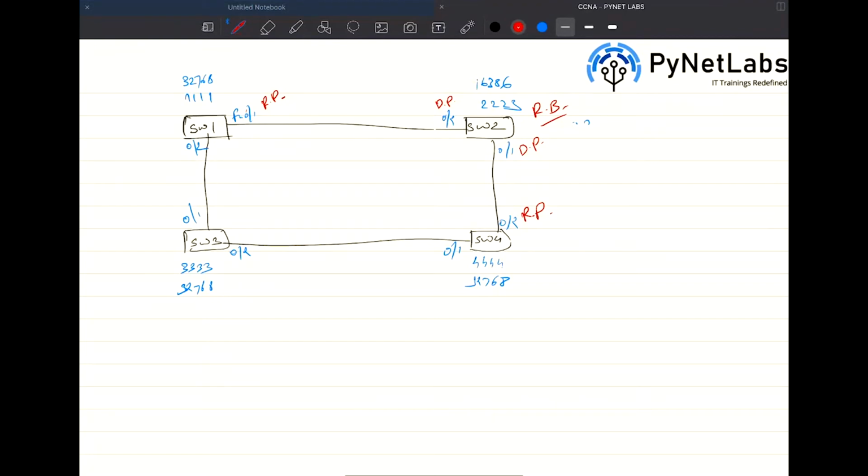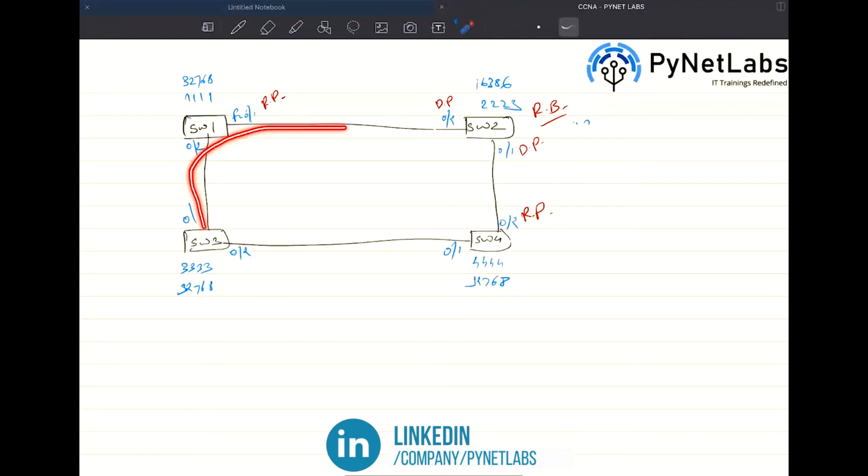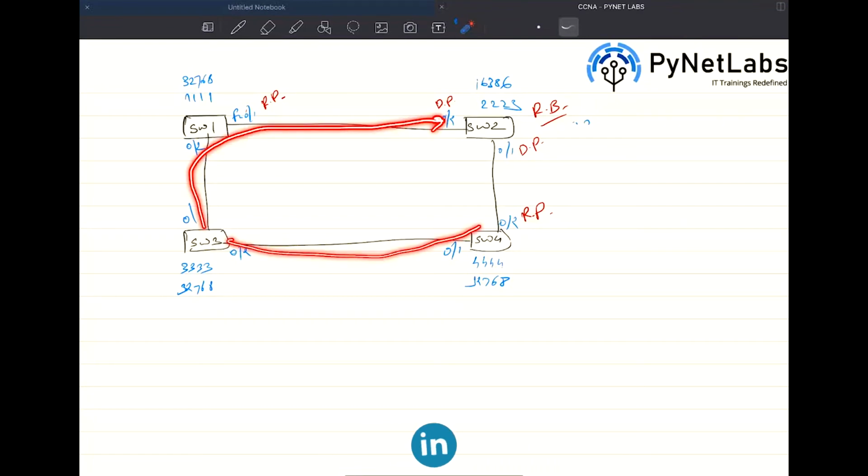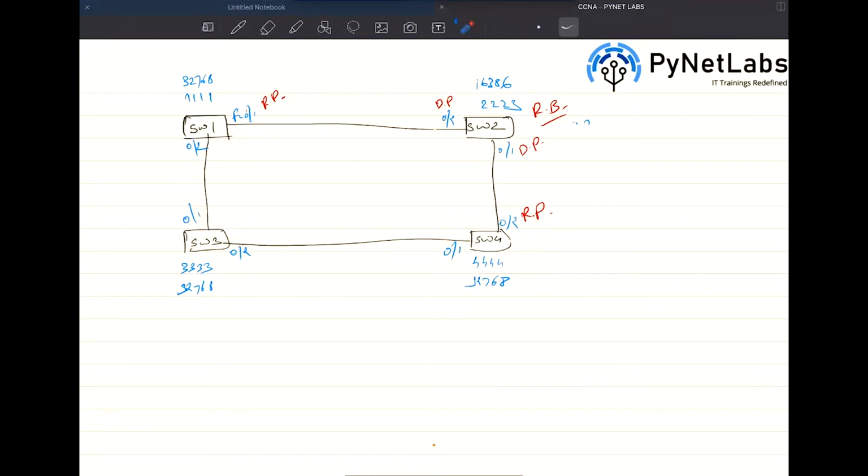Then what is going to happen at switch 3? Because in order to reach from here to here and from here to here, both the costs are the same, right? So what's going to happen? Is it going to use FA0/1 of switch 3 or FA0/2 of switch 3? Now the decision gets made, as the costs are the same, by considering the interface that is connected to the upward switch having the lower MAC address.